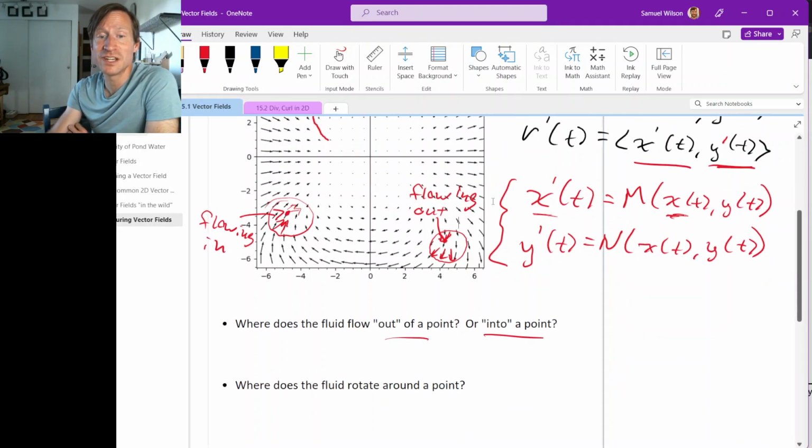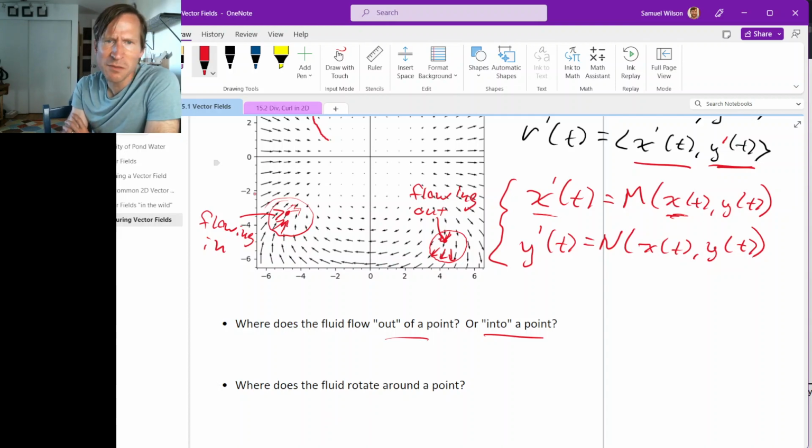Another thing we could measure is how fluid rotates around a point. So for example, if we look down here, the vectors below this point are pointing to the left a little bit more on average than the vectors above this point are pointing to the right.